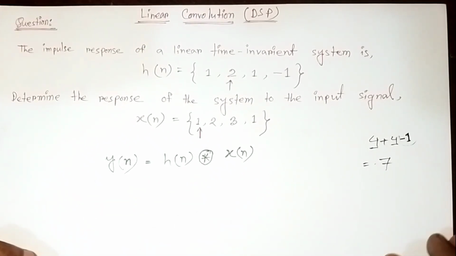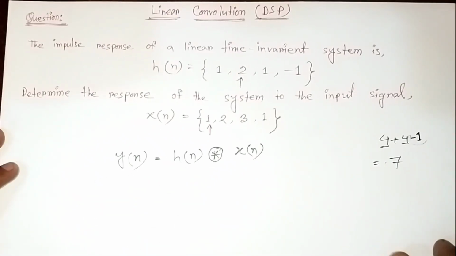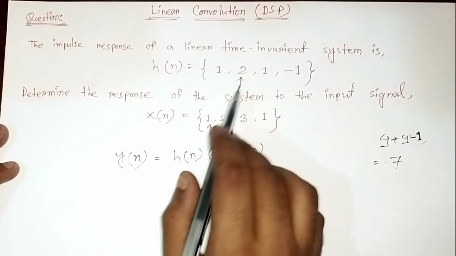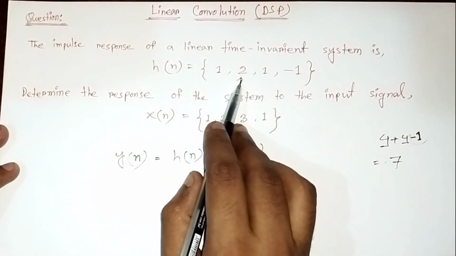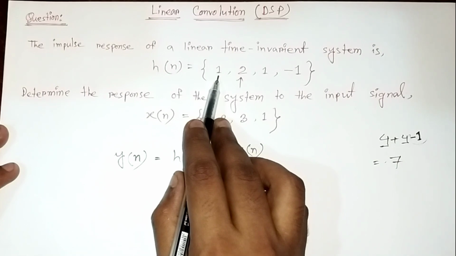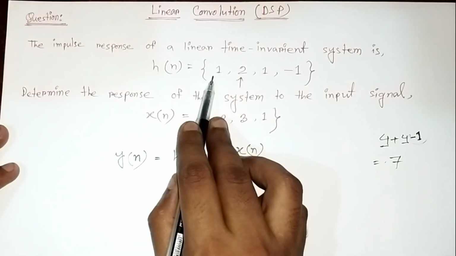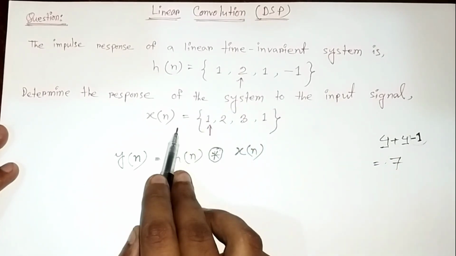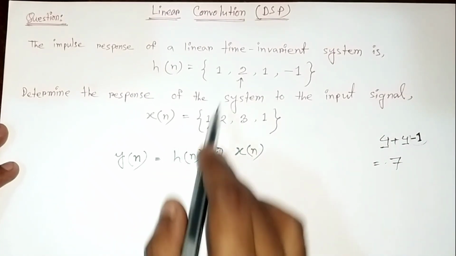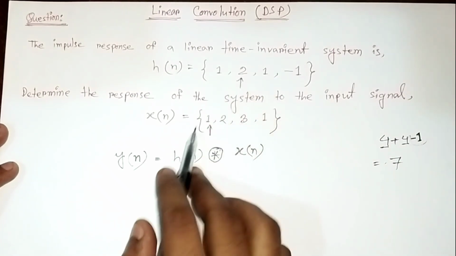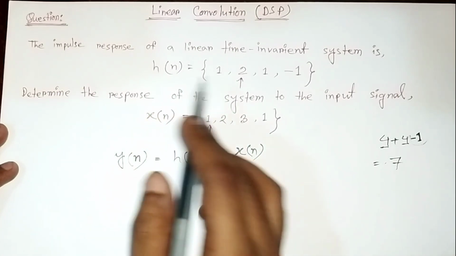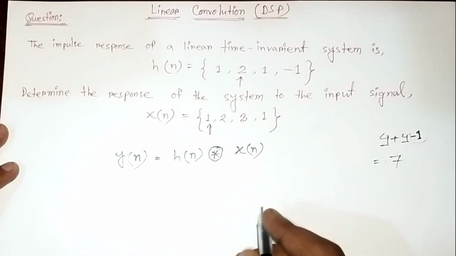And from where the output sequence will start: as you can see, there is only 1 number on the left of this sequence and no number on the left of this sequence. So in total, if you consider both of them, there is only 1 number on the left of the arrows.